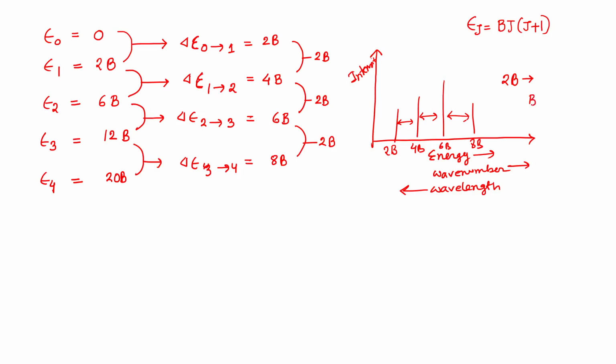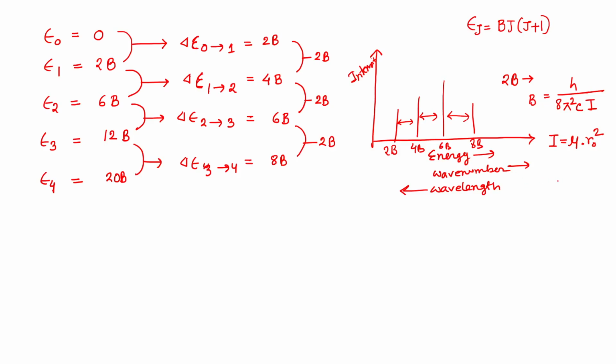B is, as we already discussed, h over 8 pi square c I, where I, the moment of inertia, is your reduced mass into the square of the radius of gyration, or the bond length, right? Now you know the value of h, you know pi, you know c.